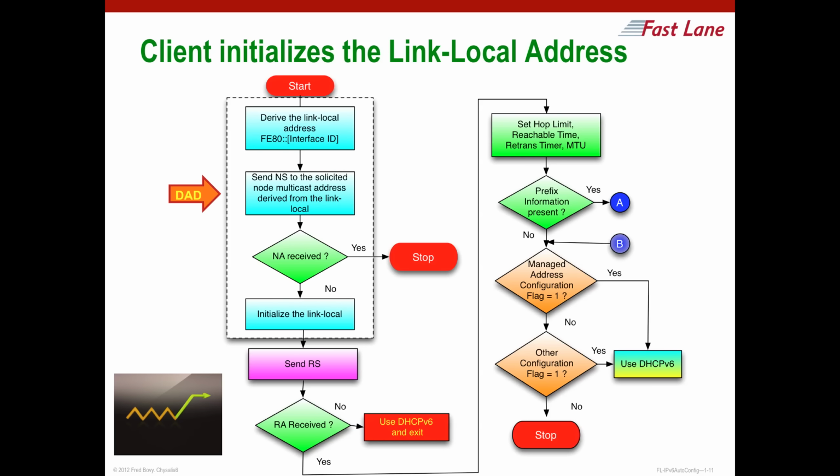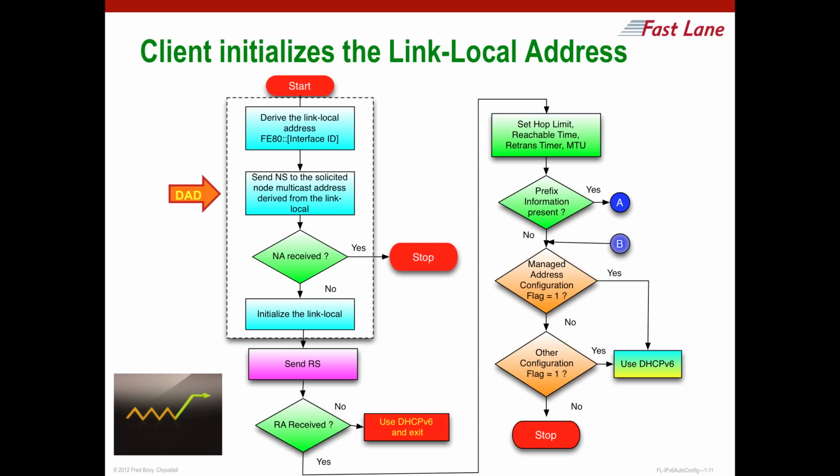So that's the flowchart of a node which is starting. The very first step again is to derive a link-local address from the prefix FE80 and an interface ID which is normally derived from the MAC address. And you send a neighbor solicitation to the solicited-node multicast address of yourself.